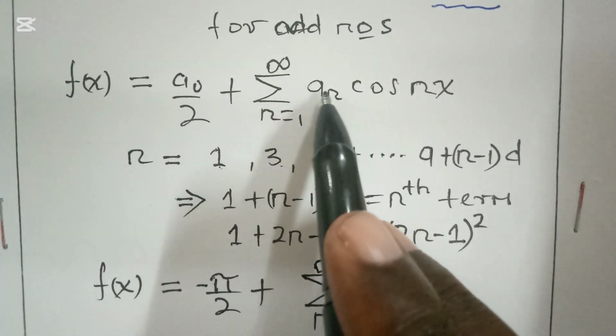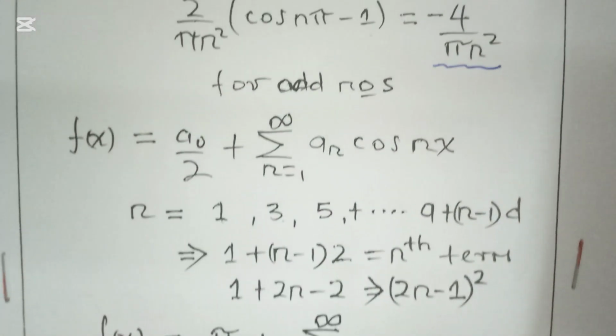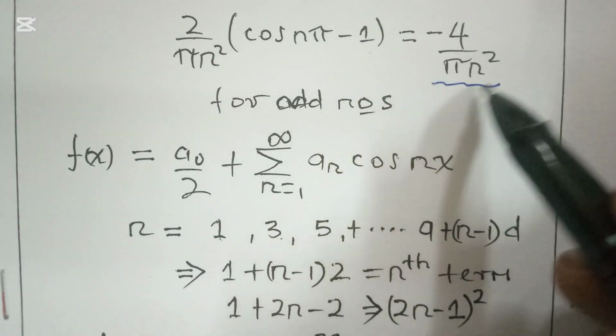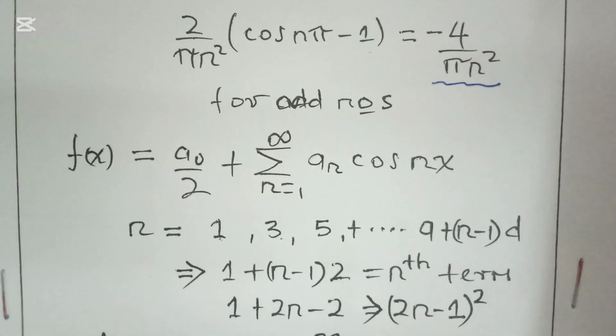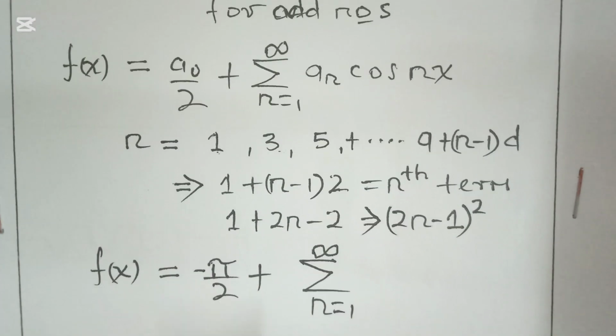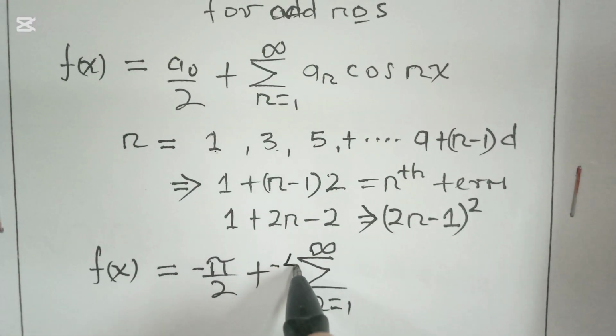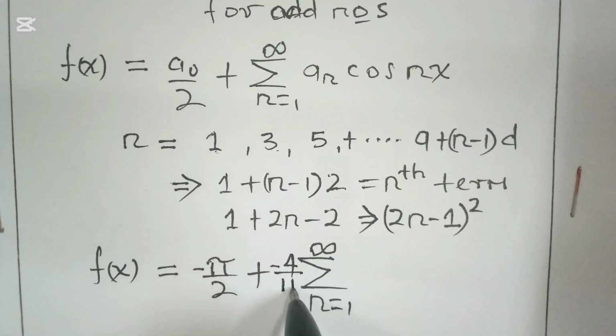And then for an, we have this. We are going to put this in front here, so I can put -4 all over pi.